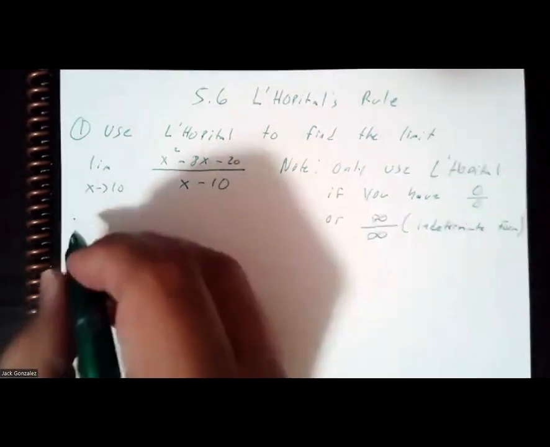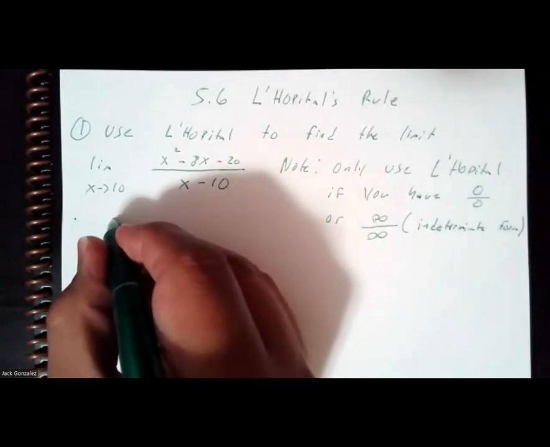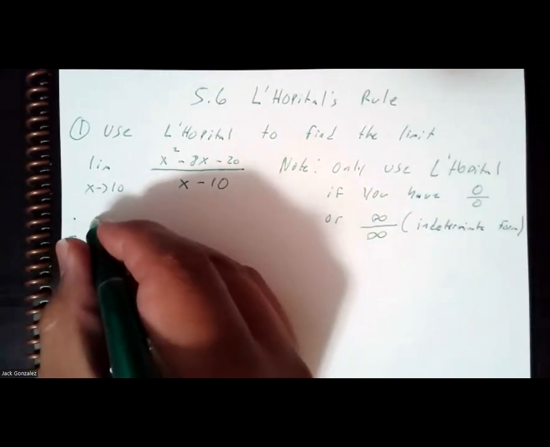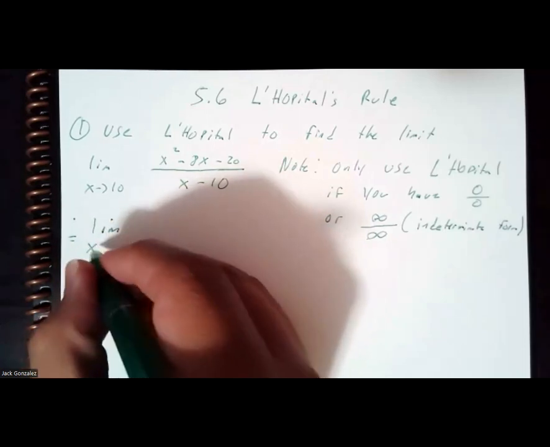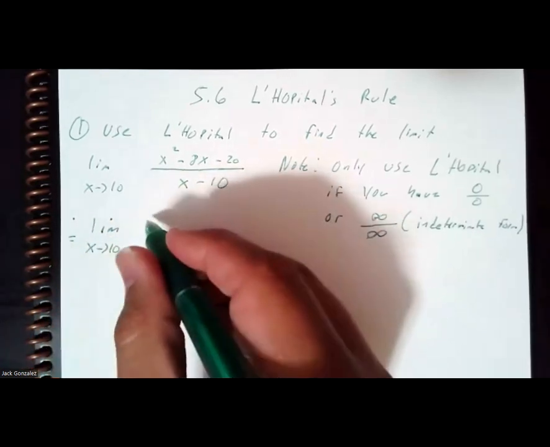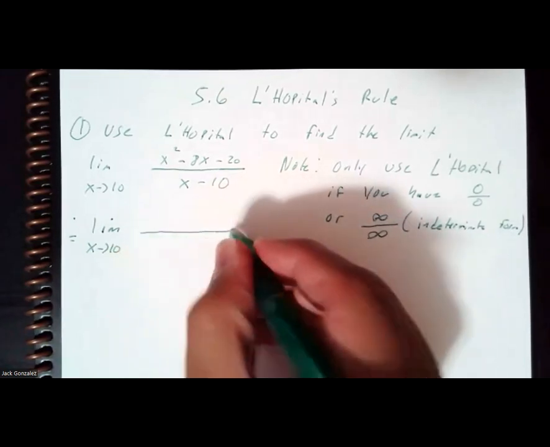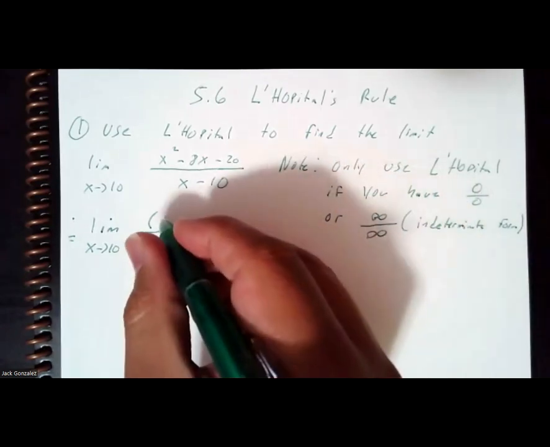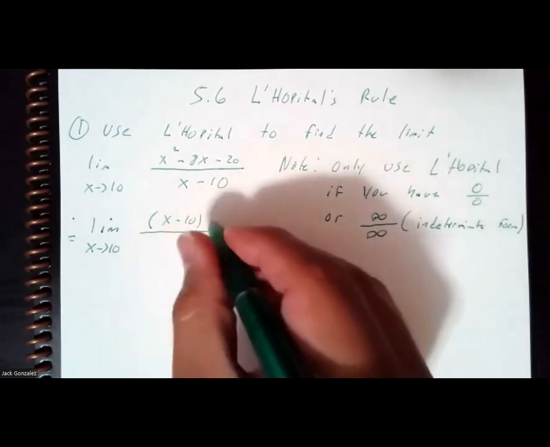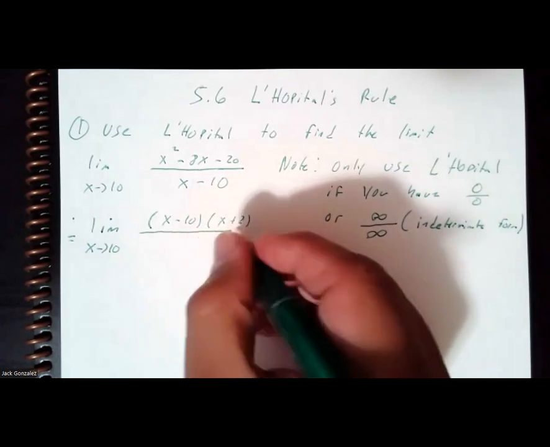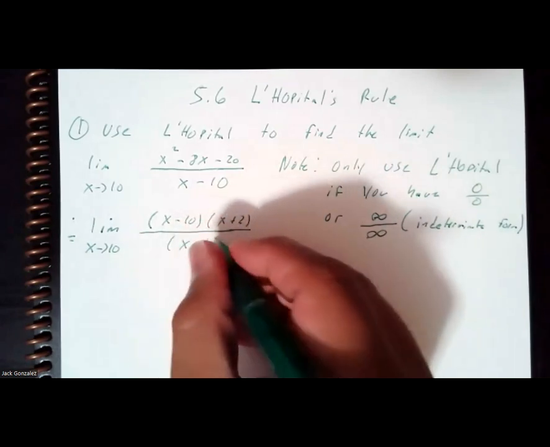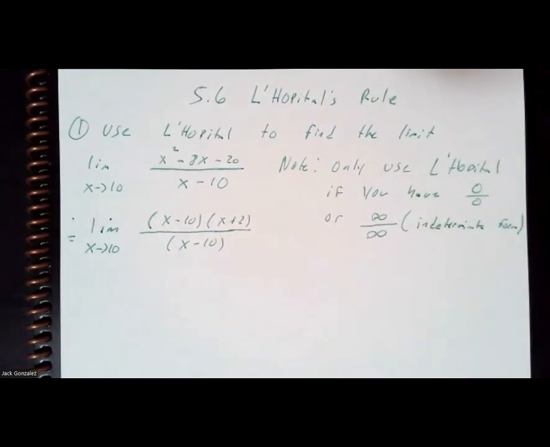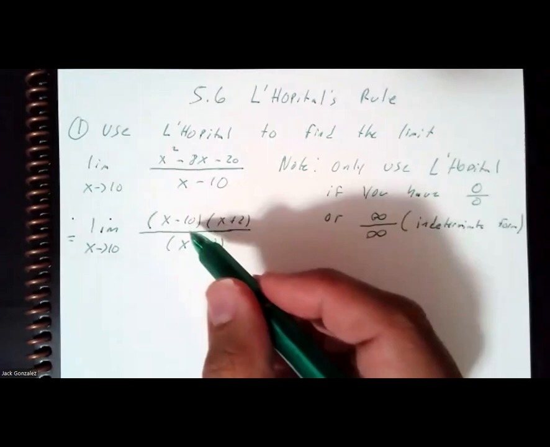So first, let's see if I take the limit. Actually, let's factor. That might be easier to see instead of doing all this number crunching. Factoring the top, okay. So you can see right away, if I plug in 10, I'm going to get 0 over 0.